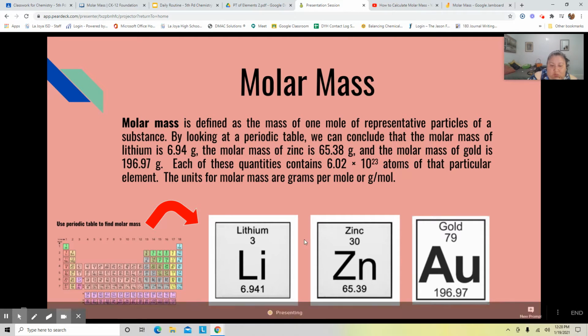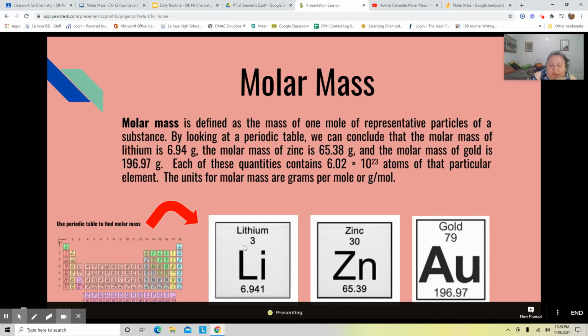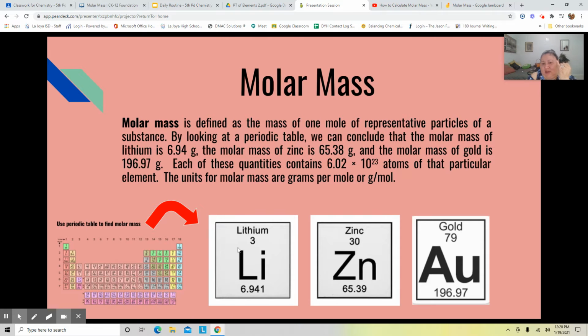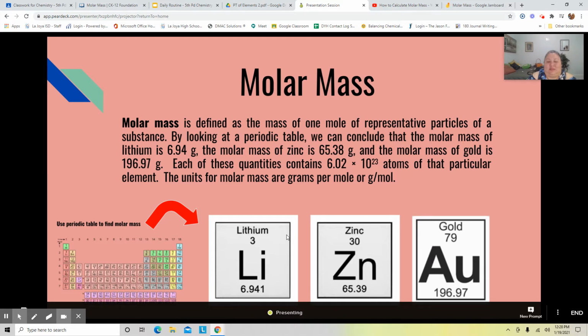So if you look at the square for lithium, there's going to be a lot of information, but there's always at least 4 items. The name, the atomic number, the symbol, and the atomic mass. It is the atomic mass that we're going to look at for these elements that gives us that molar mass. For lithium, 6.94. And as you can tell, they dropped that third number. You don't usually need it. As long as you go 2 decimal places, you're good to go.